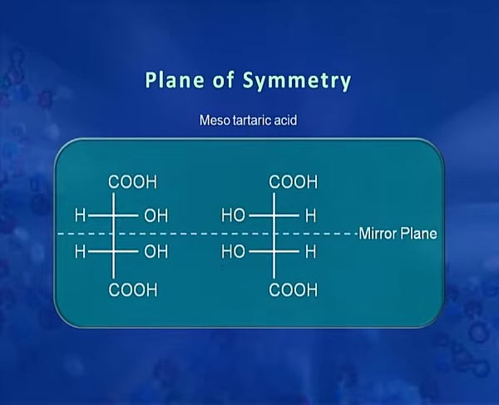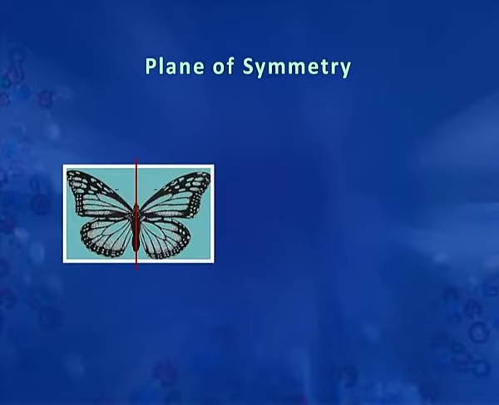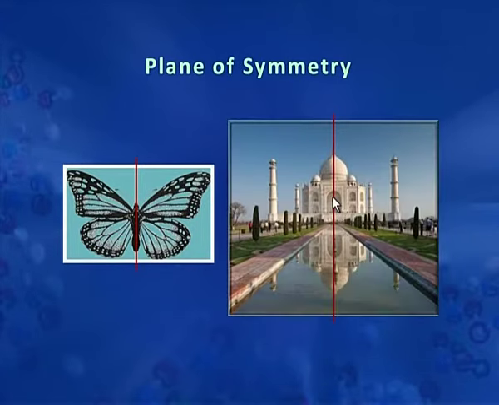We find this plane of symmetry not only in organic molecules but many objects that we see around, like a simple butterfly. We see that in this butterfly, one half of the body and the wings is identical to the other half. Similarly, a very famous monument, the Taj, is also very symmetrical. One half of the monument is symmetrical to the other half.